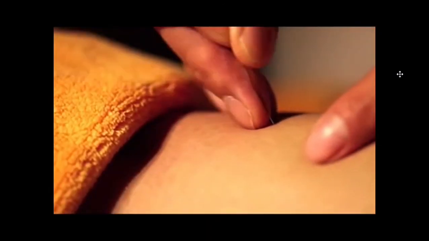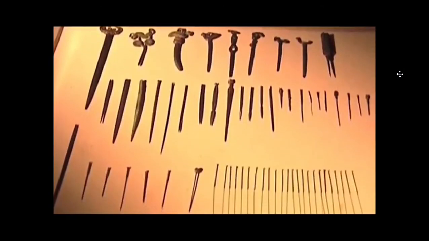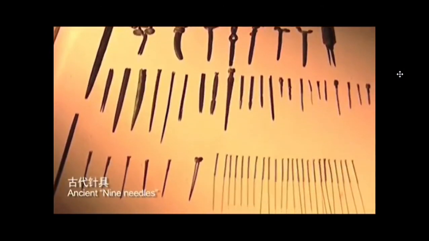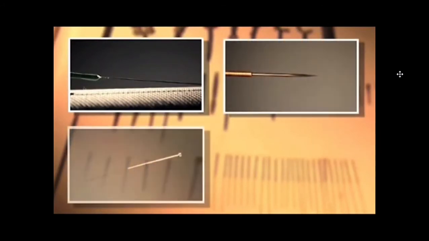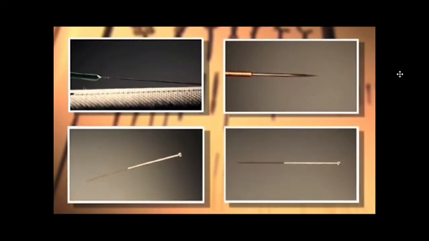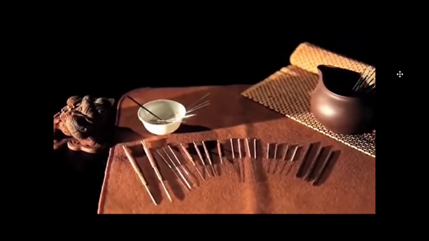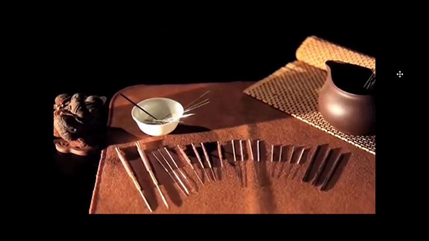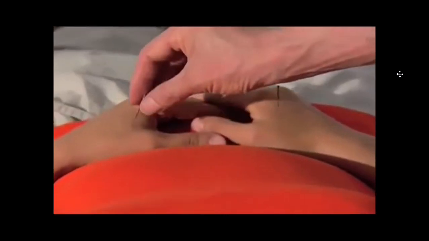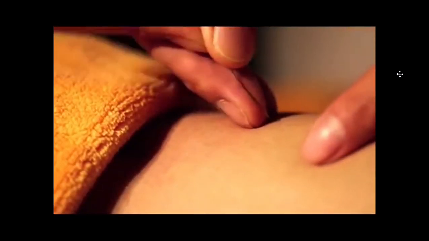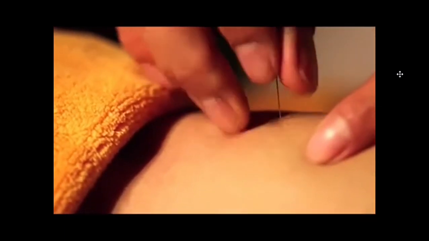In acupuncture, the primary tool is the needle. Historically, needles were made of special stones or metals, such as bronze, iron, gold, and silver. Today, needles are mostly made of stainless steel. Needles are selected according to the individual conditions and used to puncture and stimulate specific points to dredge the channels.